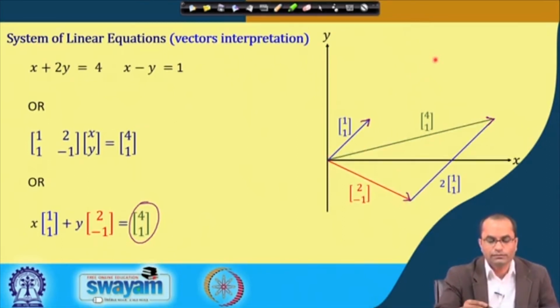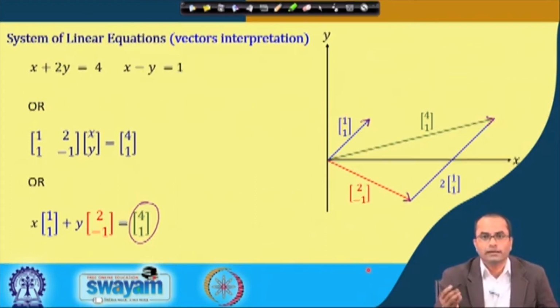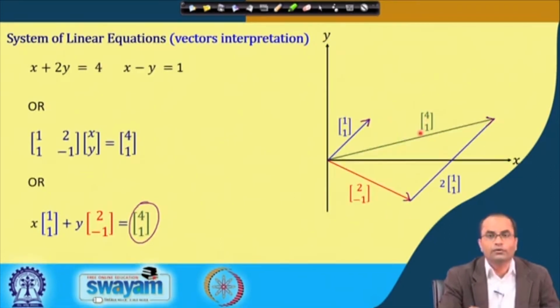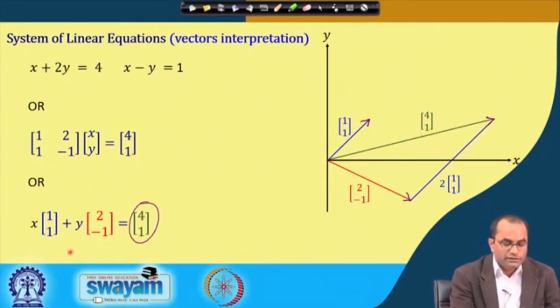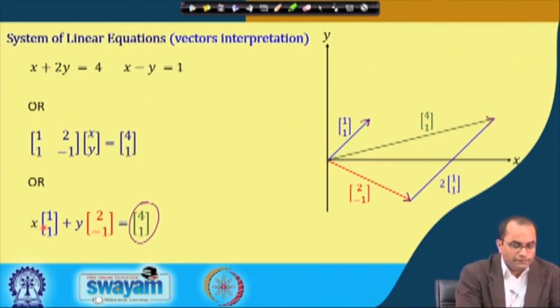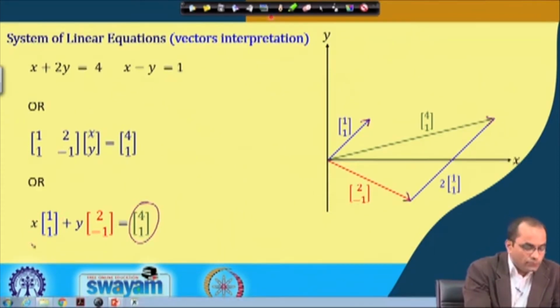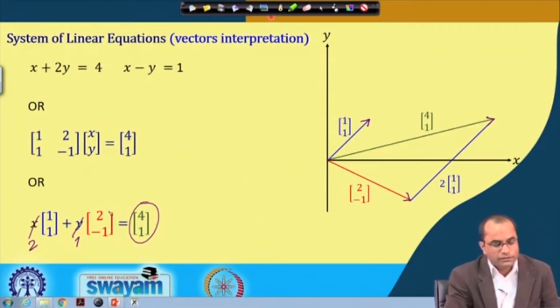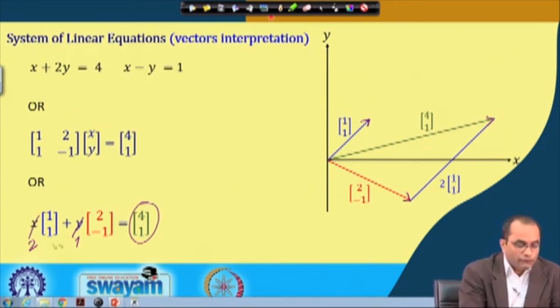So, this length is doubled now, 2 times of this vector means the direction will be the same, and then the length is just doubled. So, here we have this 2 times 1 1, and then we exactly get this vector which was 4 and 1. So, what do we see here in terms of the vectors, that 2 times of this 1 1 and 1 time of this 2 minus 1 will give precisely the right hand side vector.